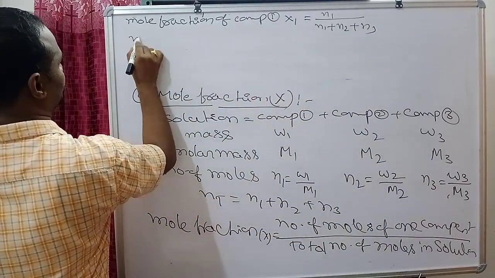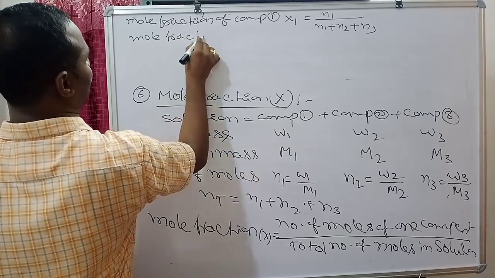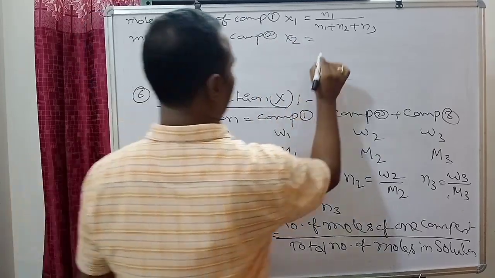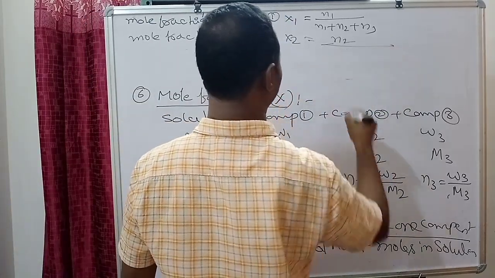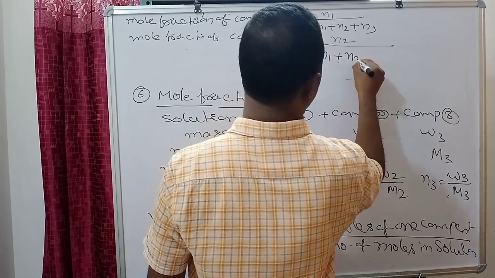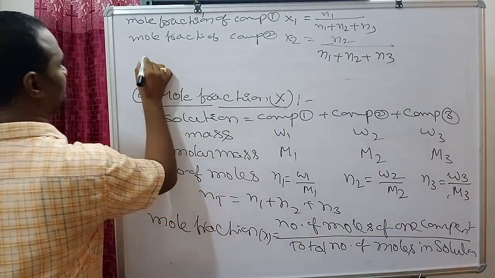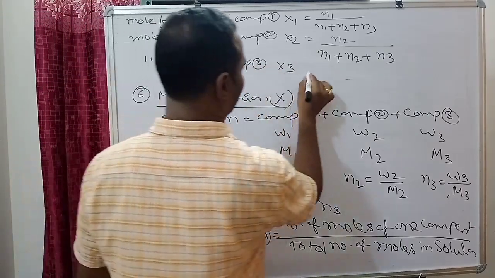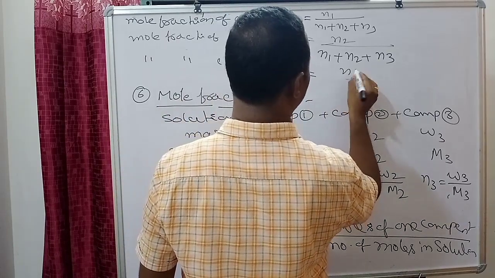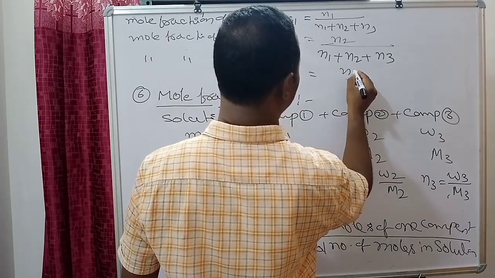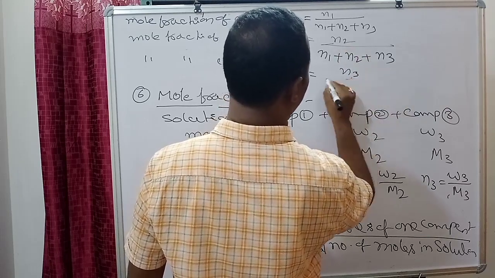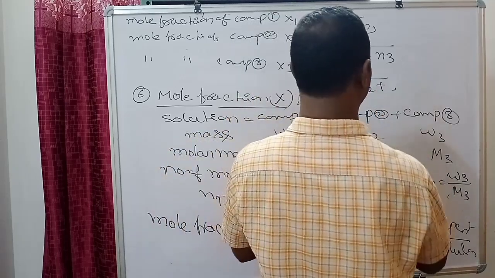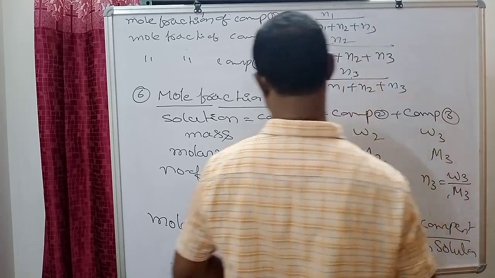In the same way, mole fraction of component 2, X2, is N2 by N1 plus N2 plus N3. Component 3 mole fraction, X3, is N3 by N1 plus N2 plus N3.